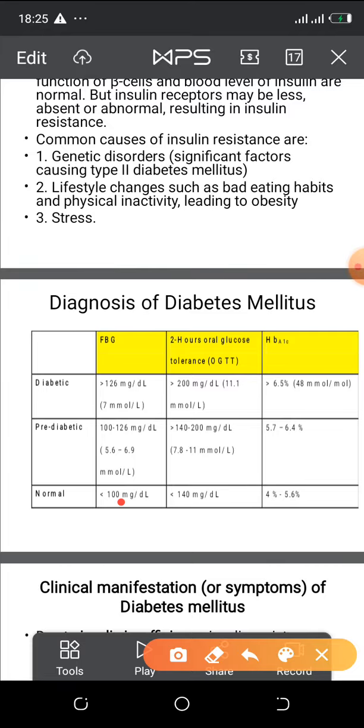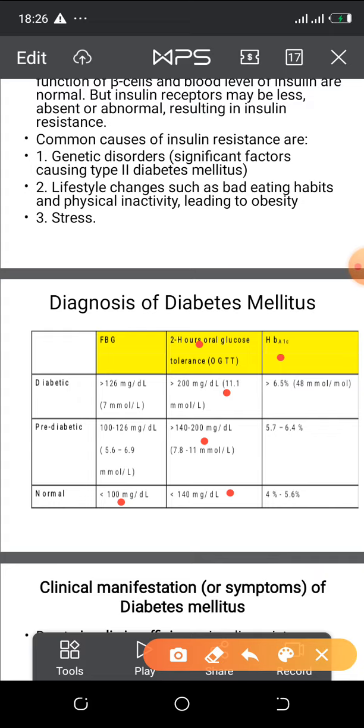Again, if a 2-hour oral glucose tolerance test is carried out, in a person with diabetes the result will be greater than 200 milligrams per deciliter or 11.1 millimoles per liter, which are SI units. In pre-diabetes, it is between 140 and 199, but in a normal person, it should be less than 140 milligrams per deciliter.